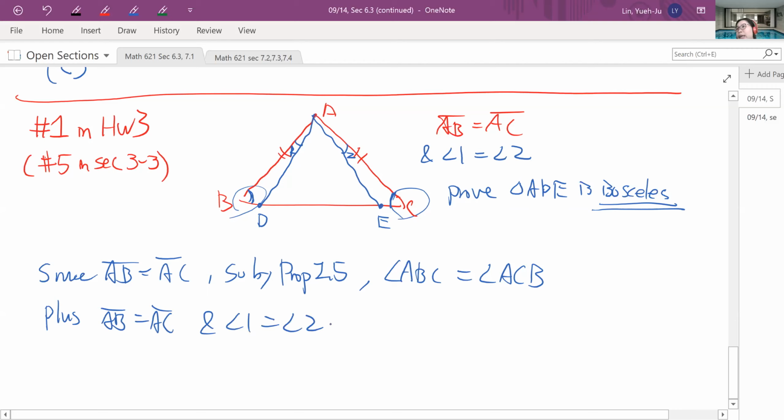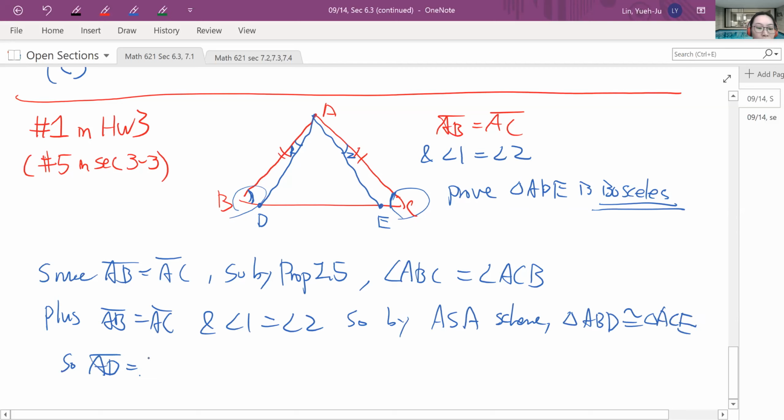So this is exactly the ASA scheme. Then right away we have triangle ABD is congruent to triangle ACE. So we can prove directly that AD equals AE. Once you reach this part, you're pretty much done, because by definition, you have a triangle with 2 equal sides. So you can tell me ADE is isosceles, and that's it.